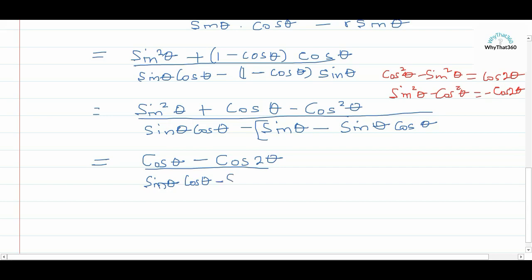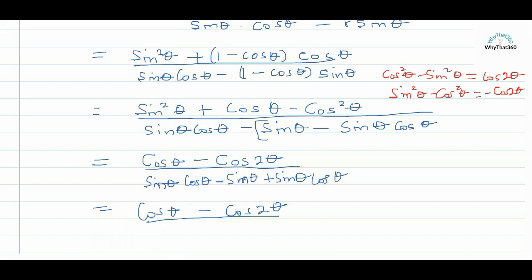And then we will go ahead again and say we have this function to be equal to cos theta minus cos 2 theta, all this divided by, and you can see over here also that sine theta cos theta plus cos theta sine theta is the same as sine 2 theta.